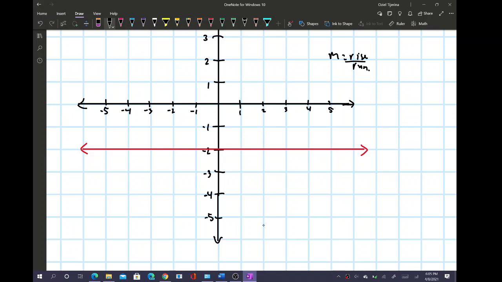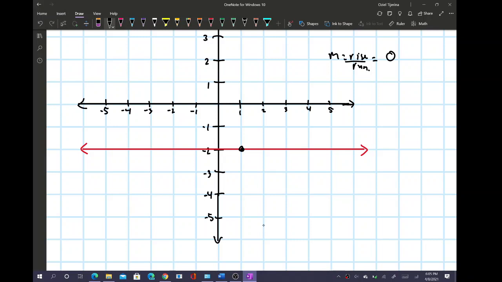So one of the things I noticed about this one is, of course, m equals rise over run. Notice that we don't really rise in this one. We're not going up by anything. So for rise, we would have 0. But we're running.